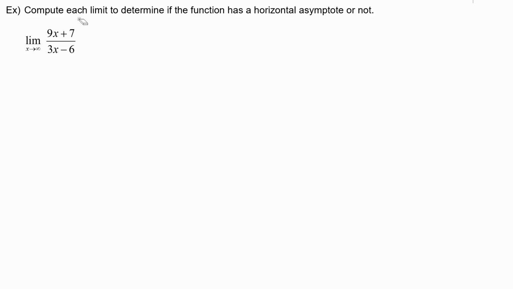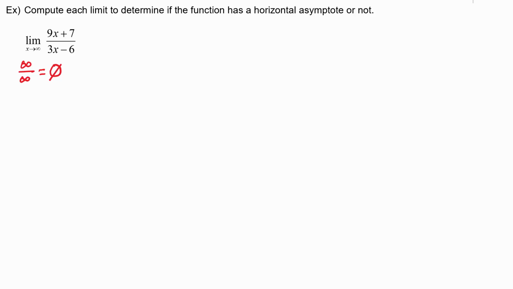Now if we just tried direct substitution, we see that we would get infinity over infinity. And just like 0 over 0, infinity over infinity is undefined. And that tells you you are going to have to do something else.